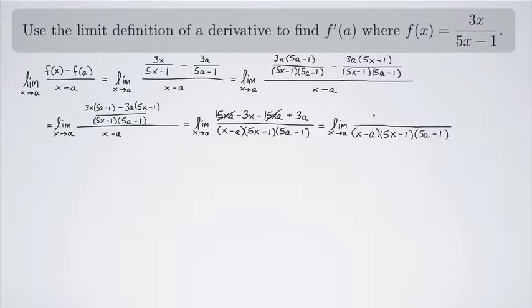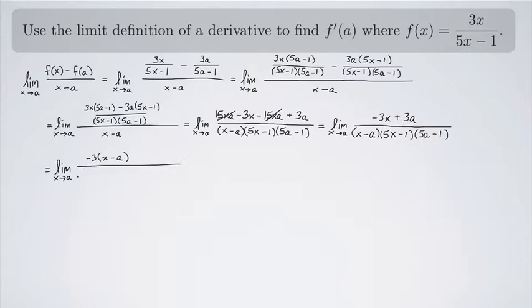And in the numerator now I have negative 3x plus 3a. Well, I can pull out a negative 3, and then you'll see a nice cancellation will happen. So if I write this top as negative 3 times, and then it's going to be x minus a. Negative 3 times x, that's my negative 3x. Negative 3 times negative a, that's my positive 3a.